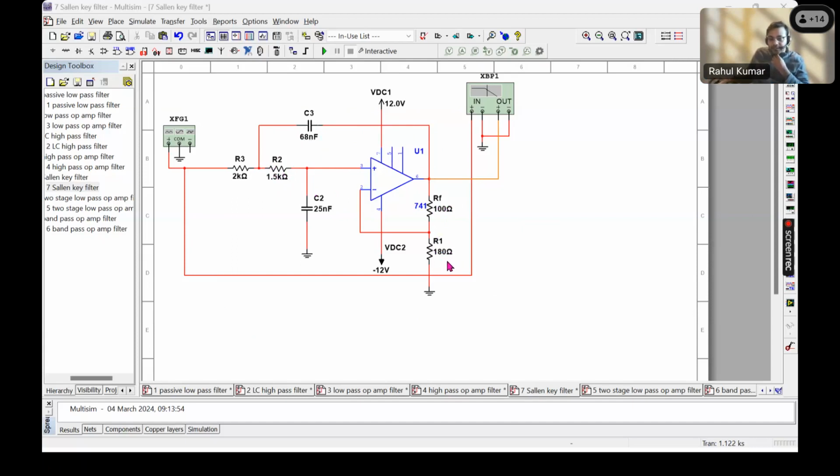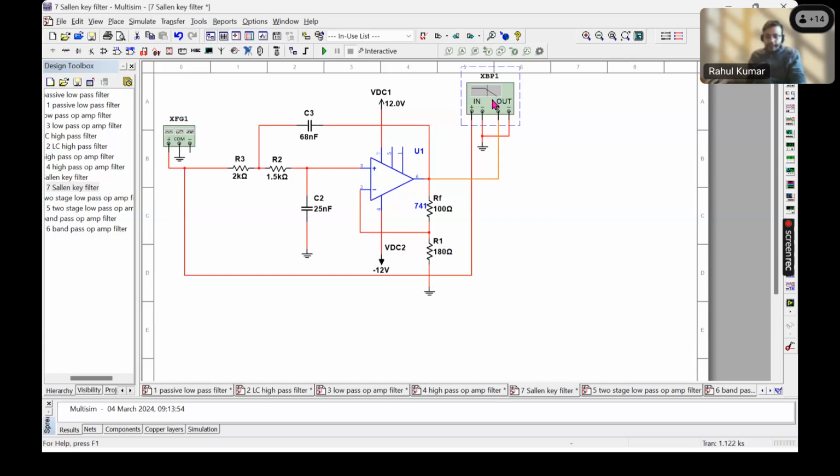So the low frequency gain from the formula which we have seen is 1 plus RF over R1. So this will be 1 plus 100 divided by 180. So that gives us 1.55 or 1.56. And if we convert it into log, so 20 multiplied by log of 1.56, we get around 3.86 dB.